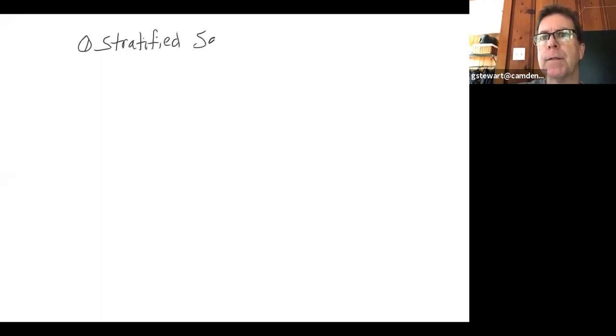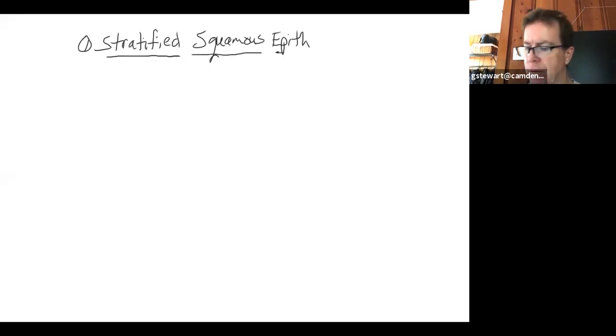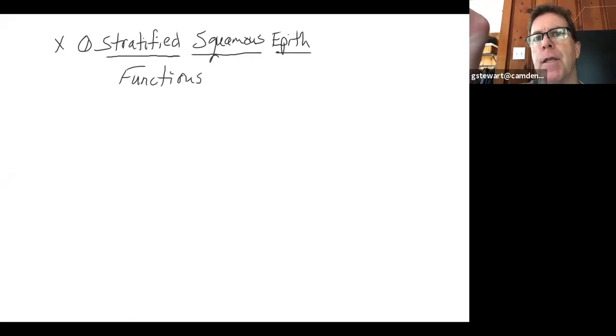Stratified squamous epithelium. That means more than one layer of flat cells that covers or lines a surface. The stratified functions, always, when you see this tissue anywhere in the human body, from now on, think protection.